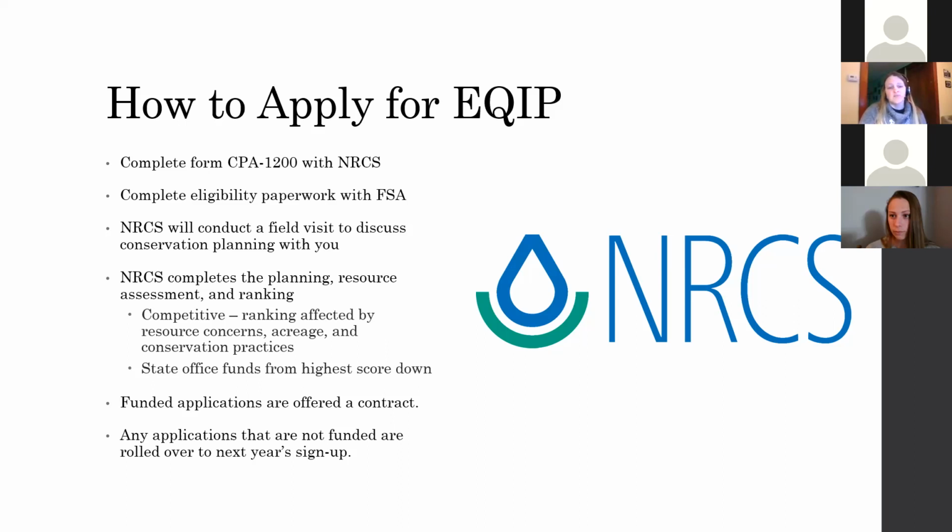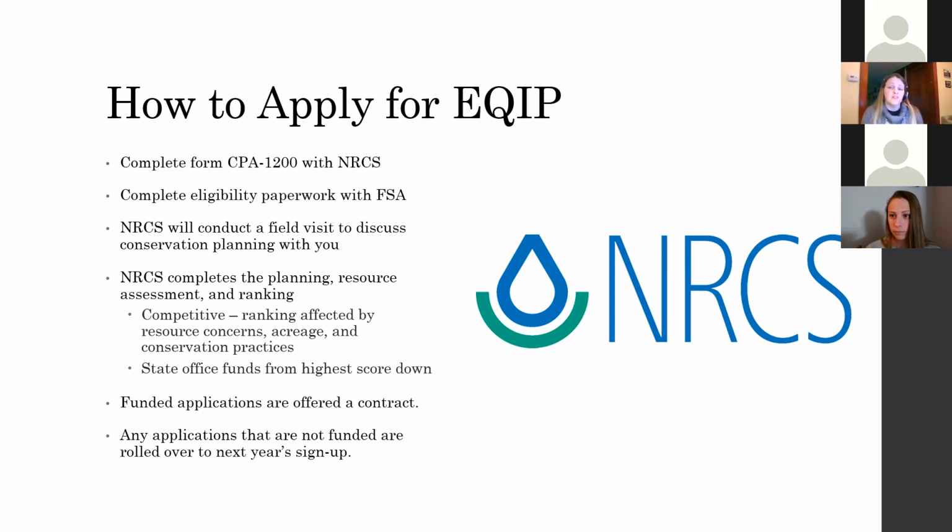Then NRCS will conduct a field visit and discuss conservation planning with you. And at this visit, we will determine resource concerns that may be out on your field or your farm. We'll conduct a natural resources inventory. We'll document your goals and some of your decisions that are made. And one thing to keep in mind is if you want to treat just the problem area or the red acres, then CRP is a great option for you.